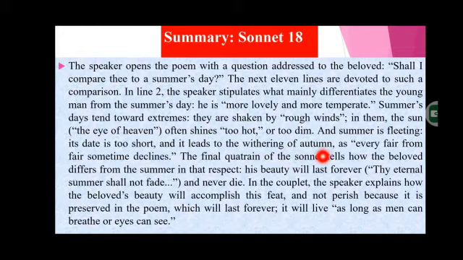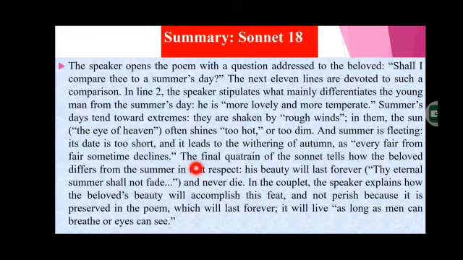As every fair from fair sometimes declines, we know that beauty disappears. There's decline to every fair. So there is decline to everything in this world: to summer, to fair, to every human being, to every creature.